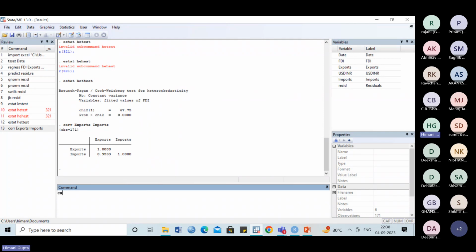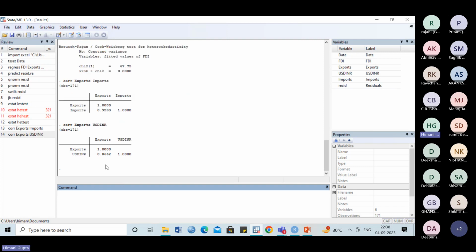Now let's check for others also: corr exports and USD INR. Now see over here, in R when we were doing this, I had imported it with inflation. Here USD INR is also highly correlated. That means all these three variables are highly correlated among themselves. So we have to take either one, drop exports, drop imports, or drop USD INR. I cannot take all three variables in one shot.